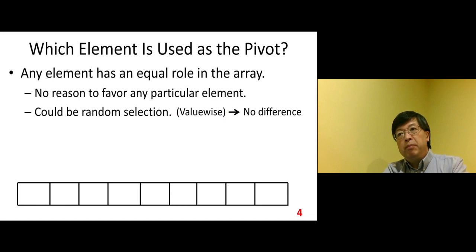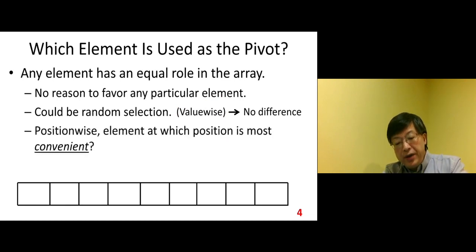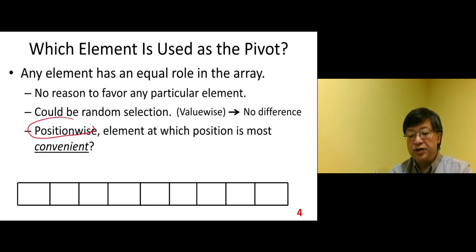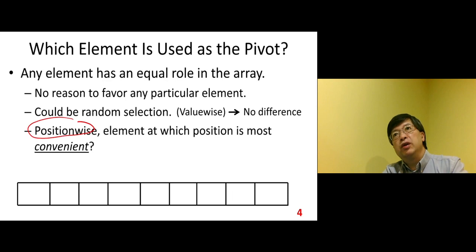Okay, so value-wise, pivot. Okay. All right, but for those elements, there is another consideration, position-wise. Each element has a position, and those positions are not equally, they do not have the equal role.